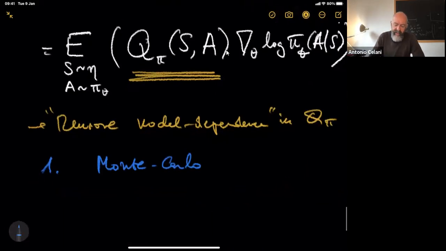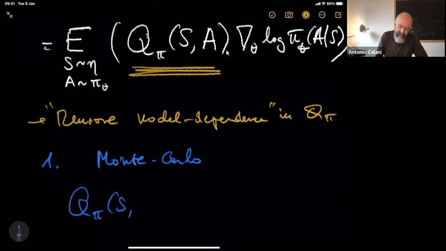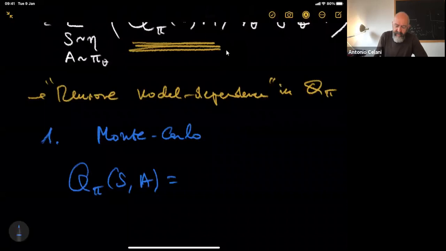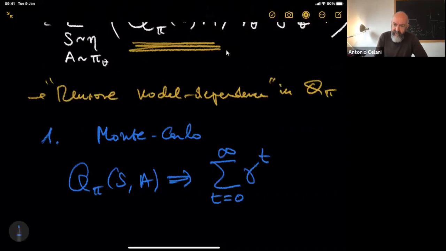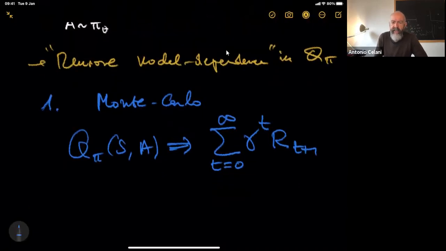So what is the idea? The idea is that Q pi from a given state and action can be replaced by its stochastic version, which is nothing but the sum from t going to 0 to infinity of gamma t of the rewards in the future, starting from a specific state and action that we are picking along the trajectory.